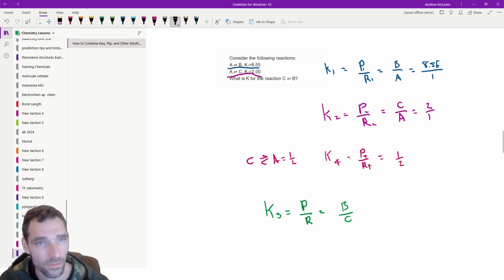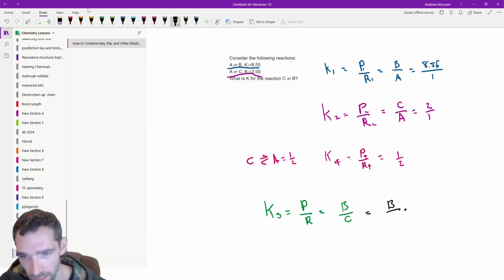You can also see with the math here, if you want B over C, you're going to need B over something times something else under C. So we want to have, like what we're saying right here, this is going to be its product over its reactant. So we're getting the A over C here.